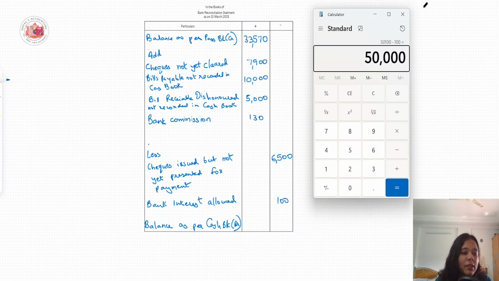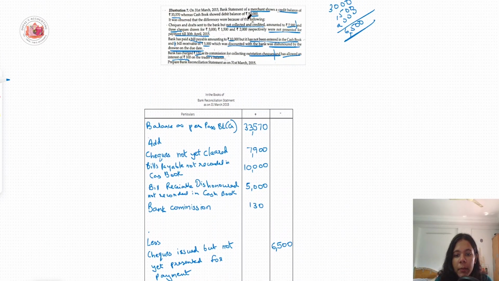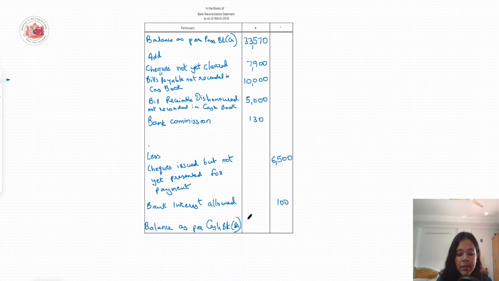Voila. That means my computation is right. Debit balance 50,000. I have reconciled the balances and I am getting a debit balance of rupees 50,000.